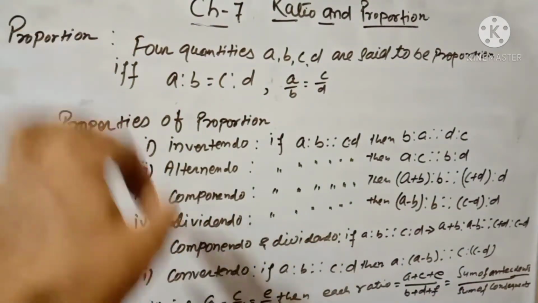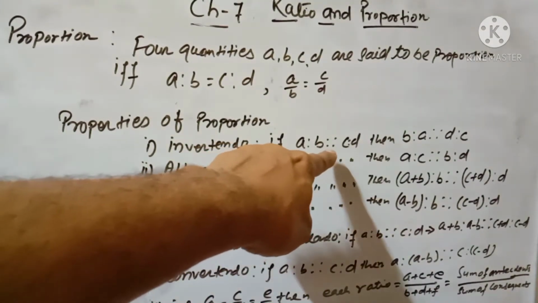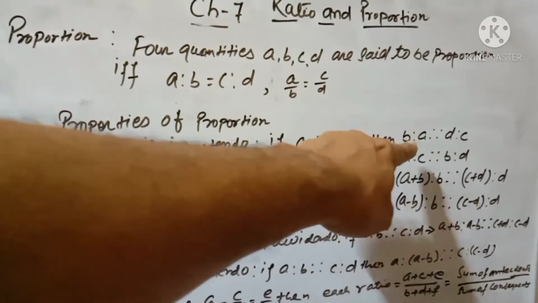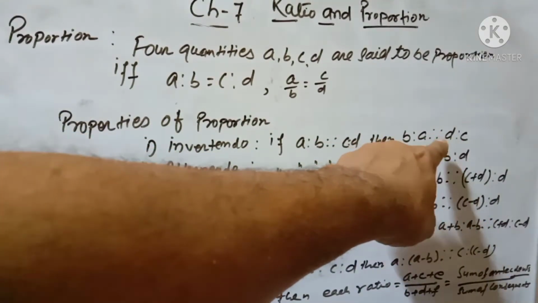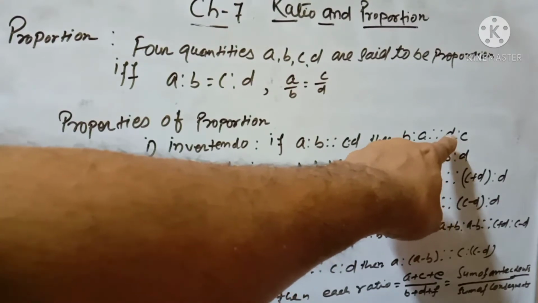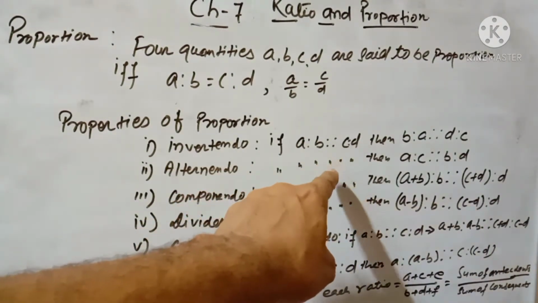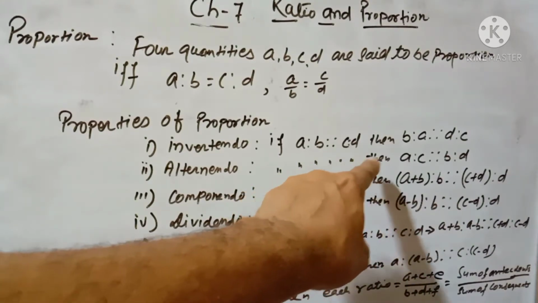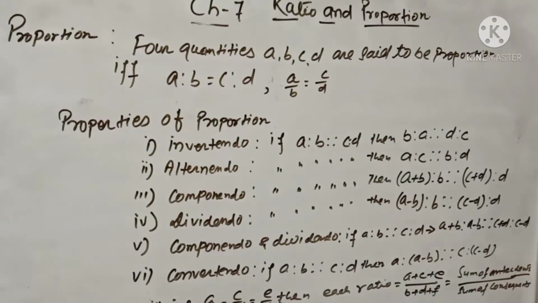Now properties of proportion. Invertendo: if a ratio b is proportional to c ratio d, then b ratio a is proportional to d ratio c. Alternando: if a ratio b is proportional to c ratio d, then a ratio c is proportional to b ratio d.